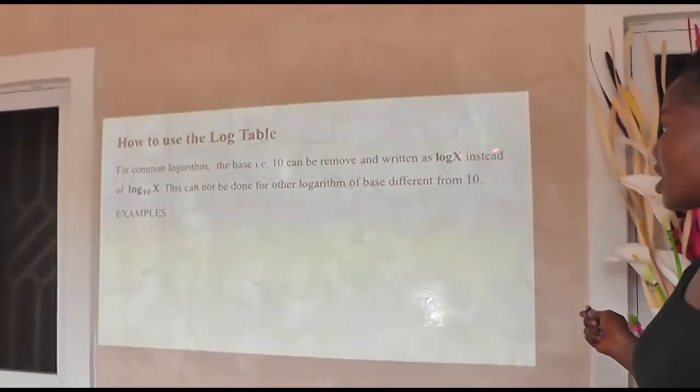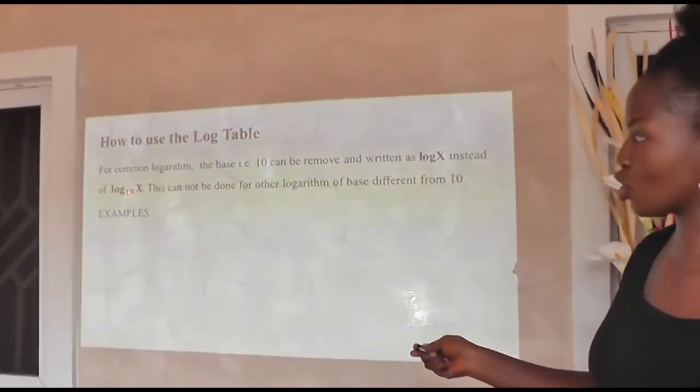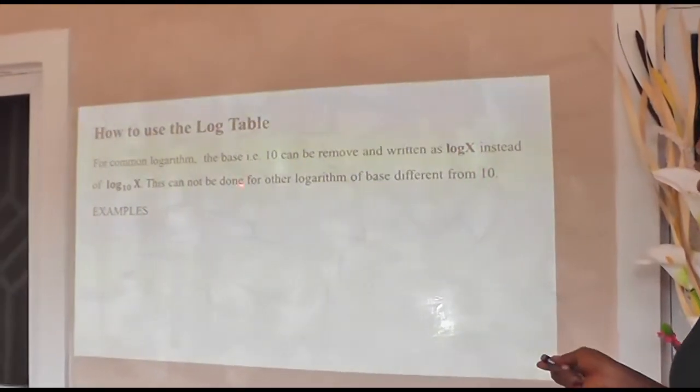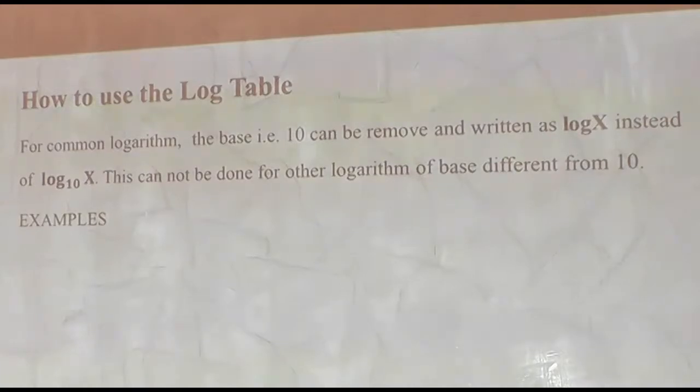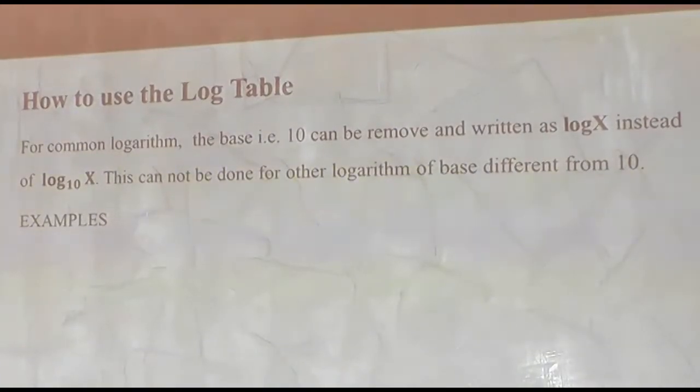That is, the base is 10. Instead of writing it this way, we can always put it this way. Now this can be done for the logarithm of base different from 10.